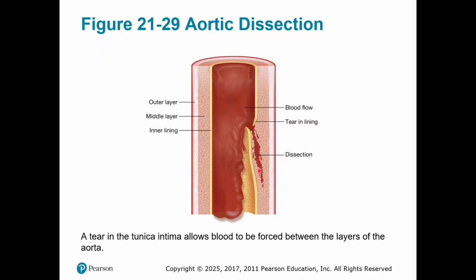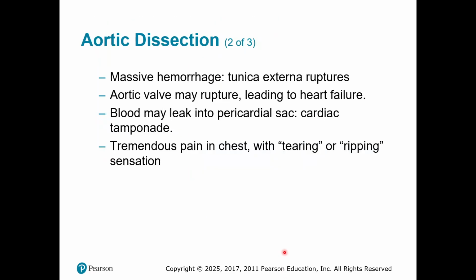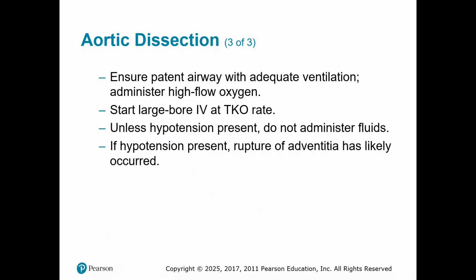Now, it's still inside the vessel, right? But this is where you get that ballooning to occur. If that external part, the tunica externa, ruptures, you're going to have a massive hemorrhage. Blood could leak into the pericardial sac, causing cardiac tamponade. The treatment here is obviously airway management, IV.